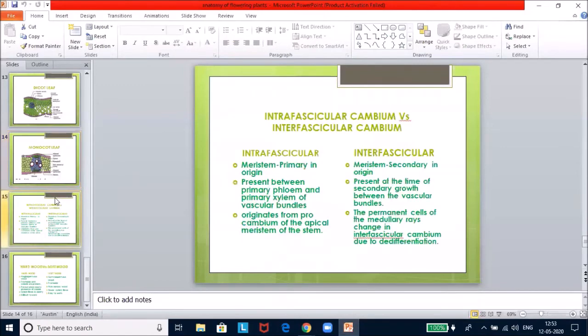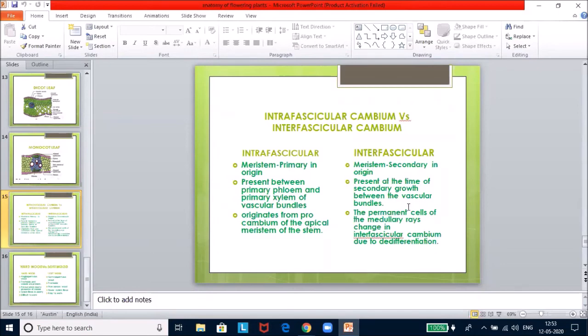You have to make a note of these differences: intrafascicular cambium and interfascicular cambium. Intrafascicular cambium is the meristem which is primary in origin. In interfascicular cambium, the meristem is secondary in origin. Intrafascicular cambium is present between primary phloem and primary xylem.